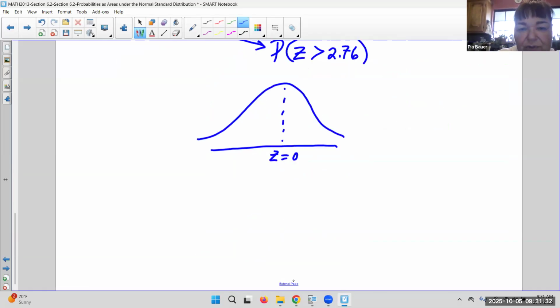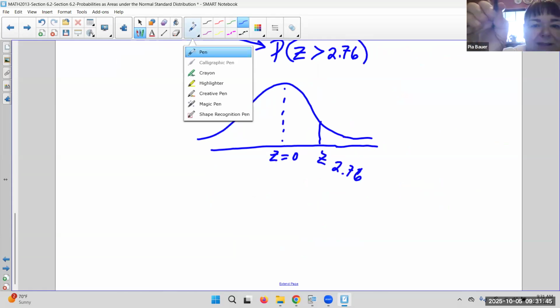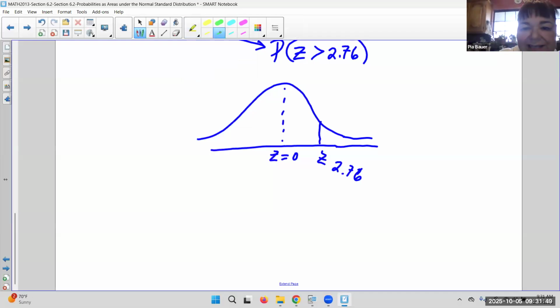I'm not drawing this to scale because I want to be able to see the difference here. So here's the z-score of 2.76. So this time I want the area where the z-score is greater than that 2.76. So it will be this area here.